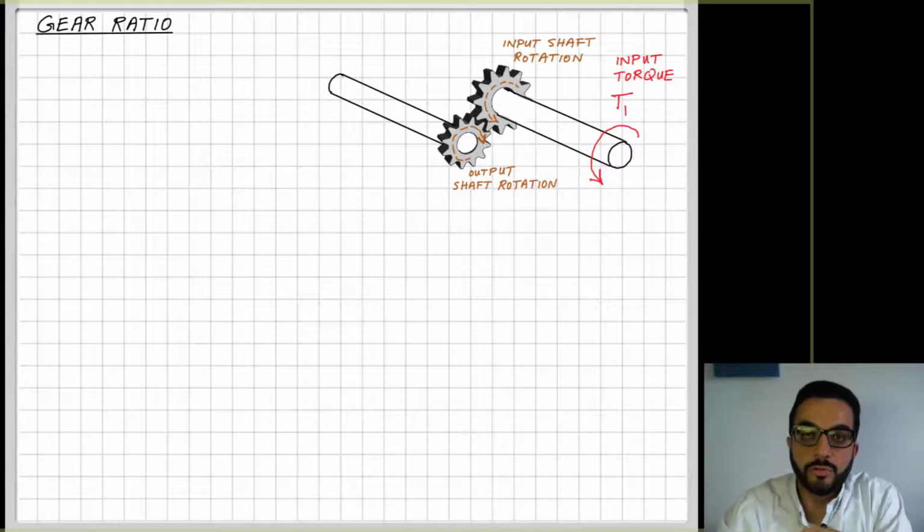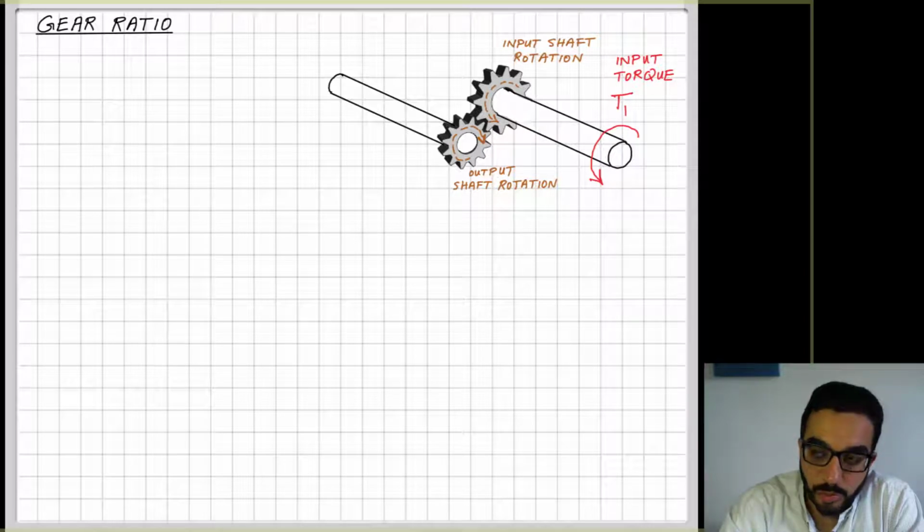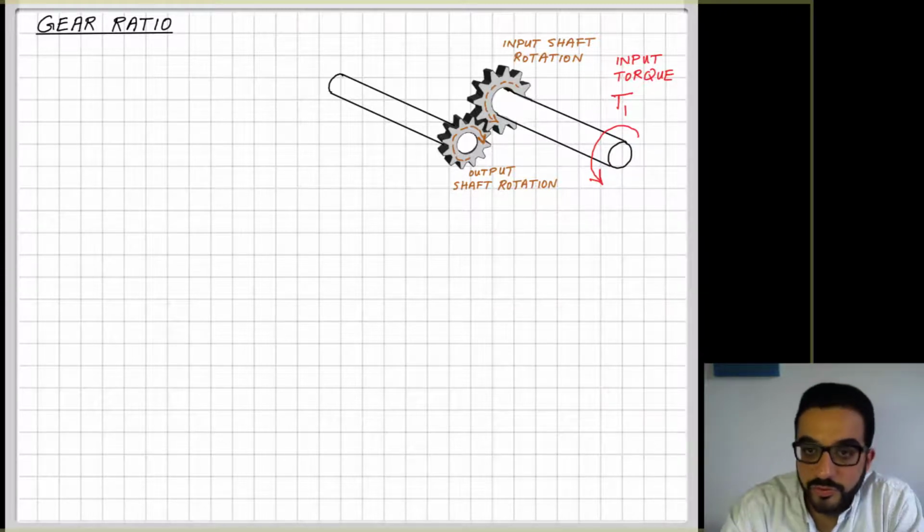So the direction of rotation, if you're looking from the same side, switches. If you look at the right gear from the right, you will see it rotating counterclockwise, but the smaller gear connected to it is now rotating clockwise. So the rotation switches between gears connected to each other.